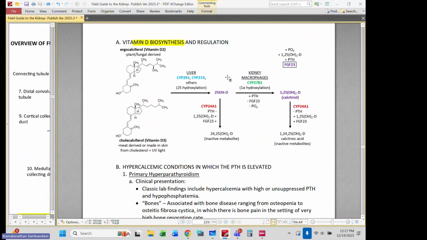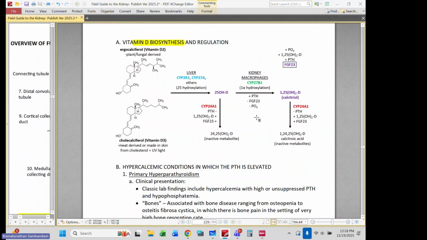Again, I'll allude to this when we talk more about primary hyperpara, but you often see 25 hydroxy vitamin D levels that are relatively low in primary hyperparathyroidism. FGF23 inhibits 1-alpha hydroxylation, which would also tend to explain why, even in a tertiary hyperparathyroid patient, even though they have high PTH, that inhibitory effect of FGF23 results in a downregulation of calcitriol.